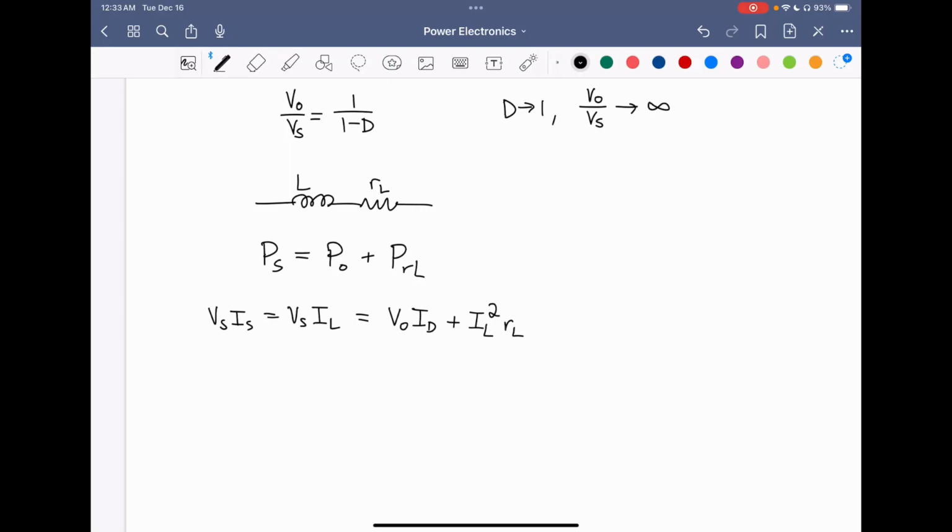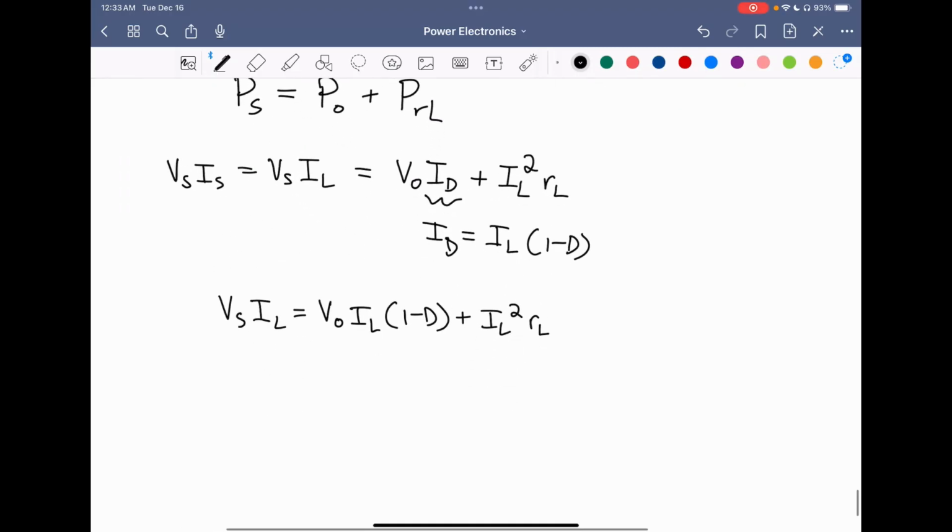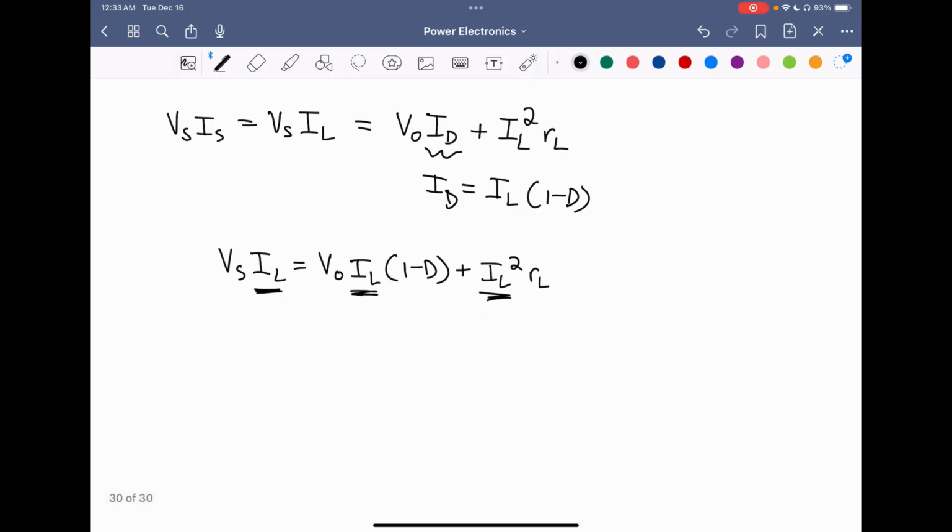So we know that the diode current ID is equal to IL times 1 minus D. If we substitute that in, we get VS IL is equal to VO IL times 1 minus D plus IL squared times RL. Now, all of these terms have an IL in them, so we can divide that on both sides. So we get VS equals VO times 1 minus D plus IL RL.